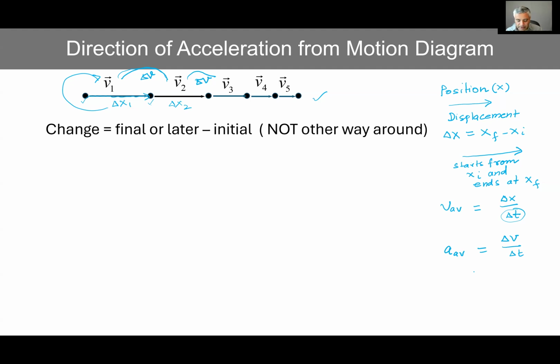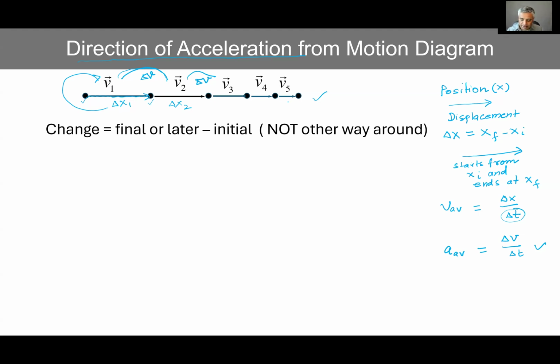The time interval is the same. So this formula gives you the value of the acceleration. How about the direction of the acceleration? That's where we are starting today, from direction of acceleration from motion diagram.